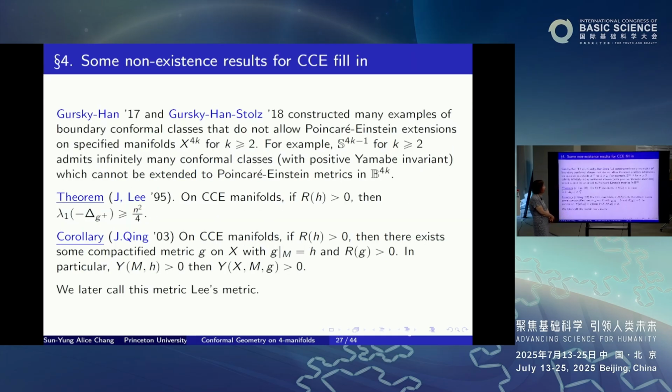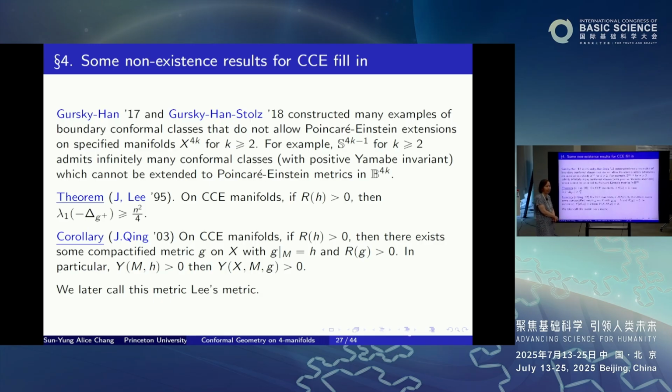But on the other hand, there is also a non-existence result. There's a series of non-existence results constructed by Gursky, Han, and Gursky, Han-Strauss. And they constructed, saying that, for example, for the manifold M of dimension 4k minus 1, when k is bigger than or equal to 2, for example, S^7.